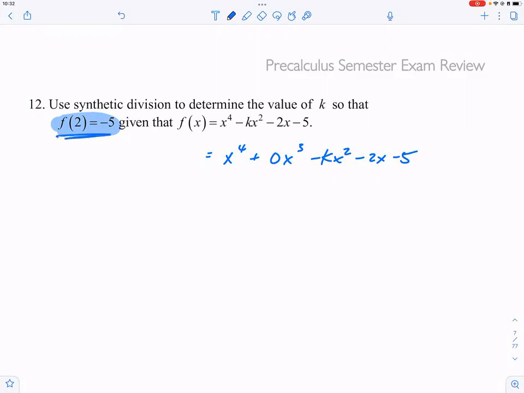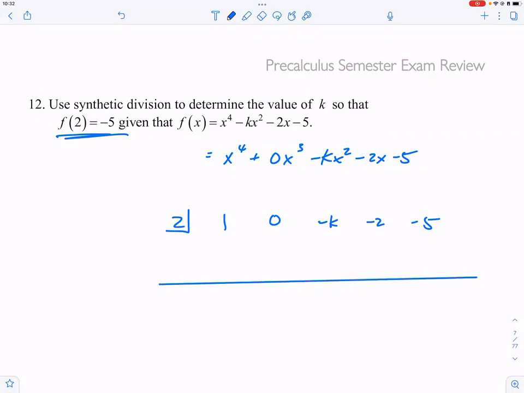Since it says use synthetic division, I have to show synthetic division. And what is this f of 2 equals -5 thing? It simply means that when you divide by 2, you will get a remainder of -5. So you can write down the coefficients, 1, 0, -k, -2, -5, and divide by 2.